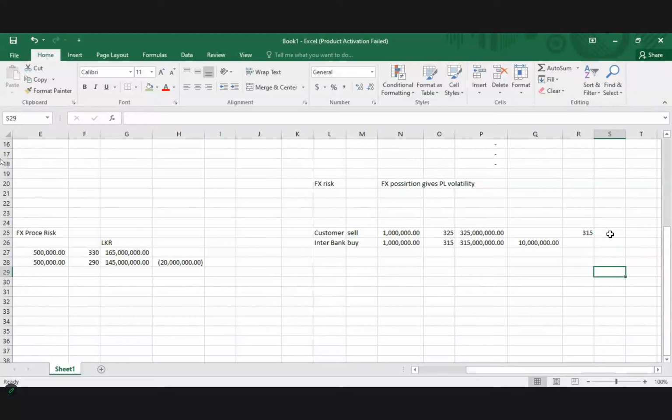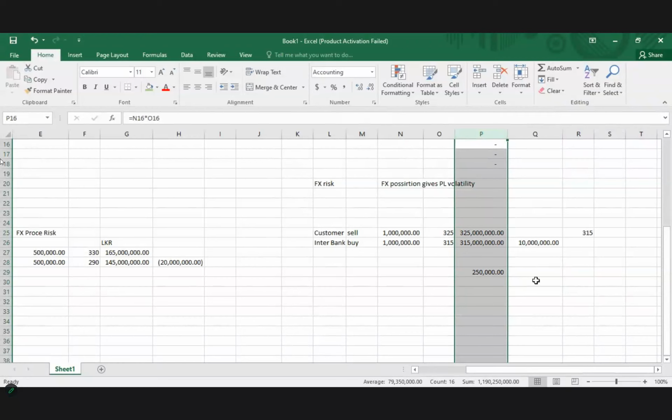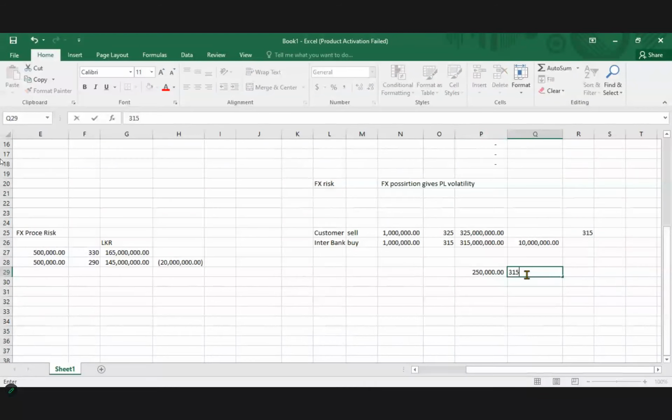So let's say I basically collected my $1 million in this fashion. $250,000 at 315. Another $250,000. If the market is illiquid, what would happen to the 315? It'll go up. It'll go up.